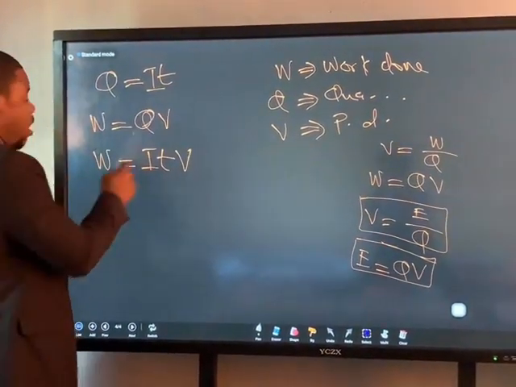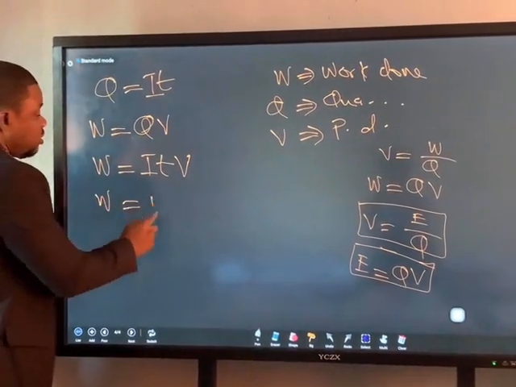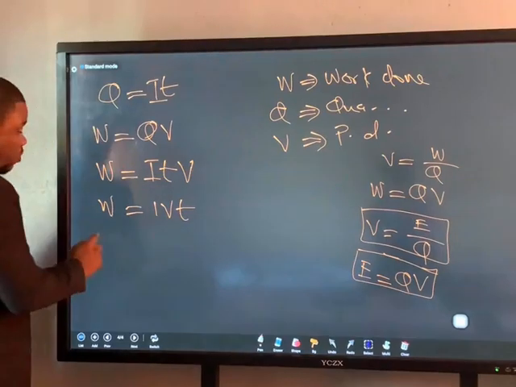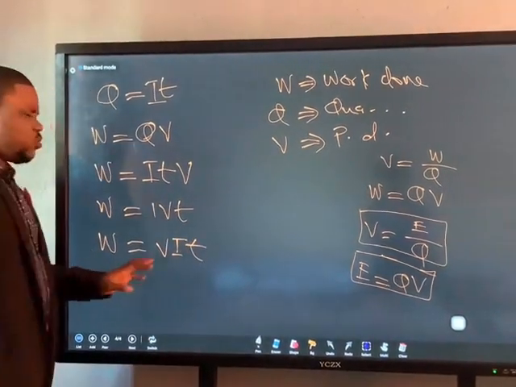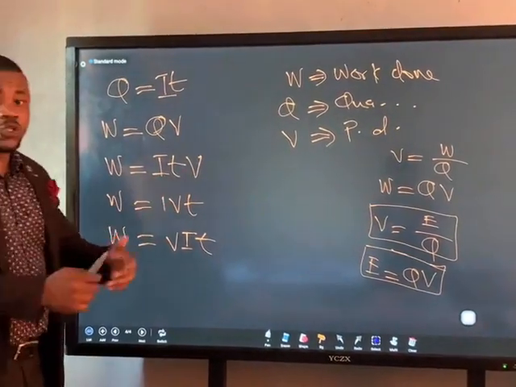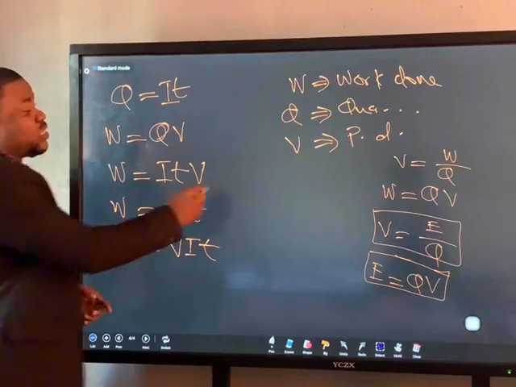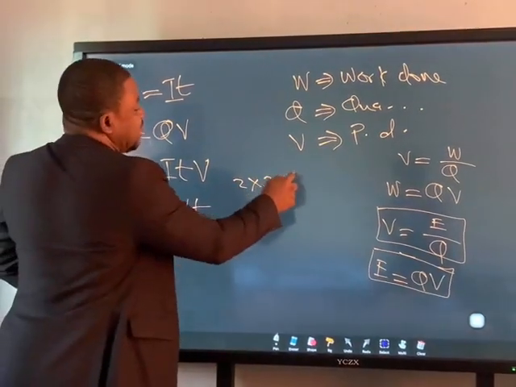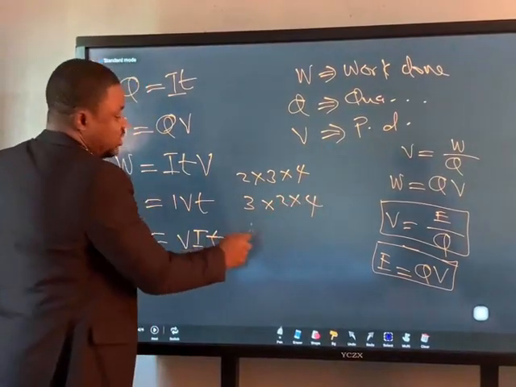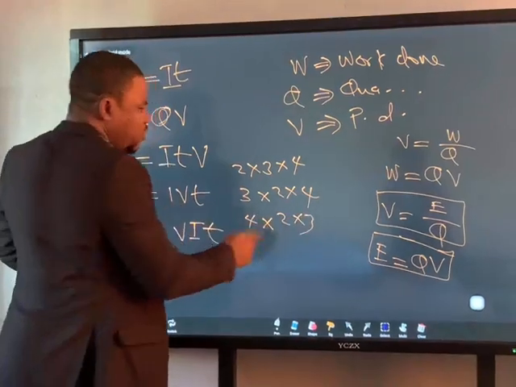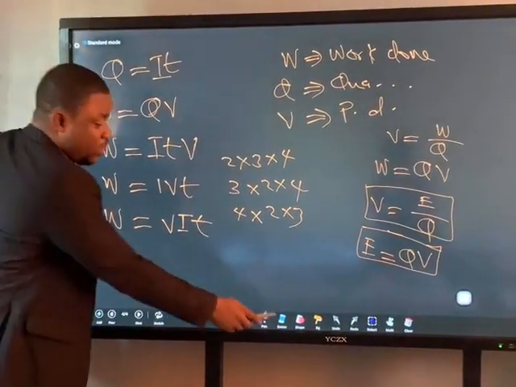And then some textbooks will arrange it as this. Whatever arrangement they make is the same, because multiplication is commutative. Anyhow you arrange it, 2 times 3 times 4, or 3 times 2 times 4, or 4 times 2 times 3, they're all the same thing. The arrangement doesn't really matter.